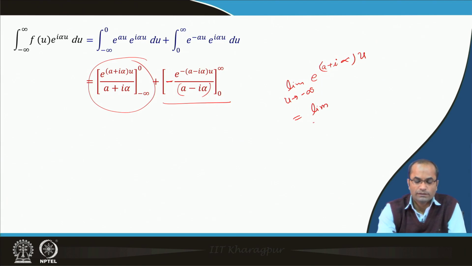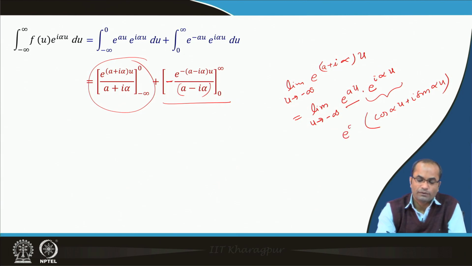We have the limit u going to minus infinity of e power a u, multiplied by e power I alpha u. This e power I alpha u is just cos alpha u plus I sin alpha u. So, that is a bounded quantity, and then together with this e power a u, we have the limit u going to minus infinity.